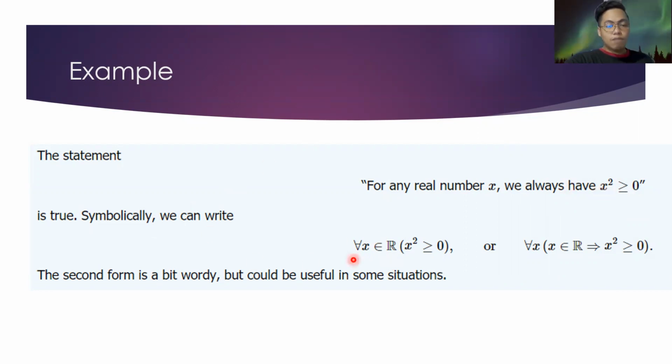We can write this as for all x that is an element of the real numbers, x squared is greater than or equal to 0. Since there are two statements given here, we can use another way to represent it: for all x, if x is an element of the real numbers, then x squared is greater than or equal to 0. The second form is a bit weird, but could be used in some situations.